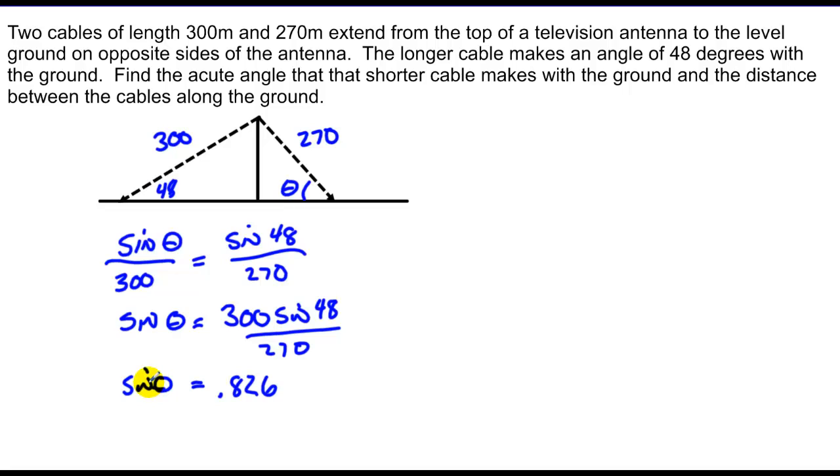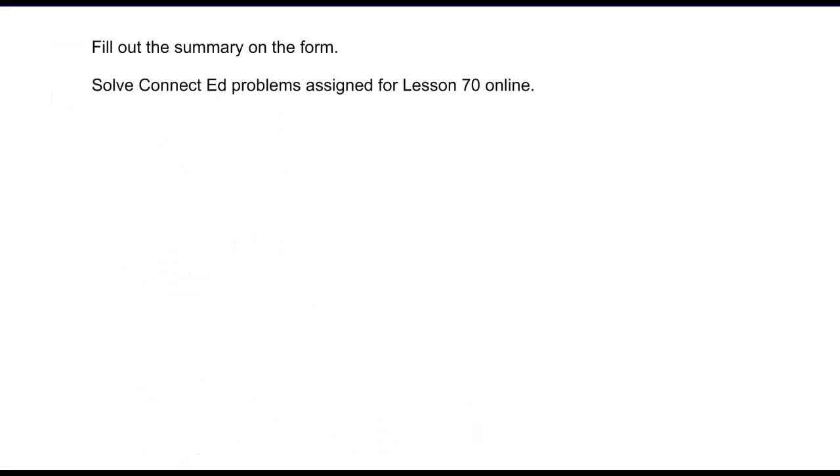So as we did in our right triangle problems, we have to find theta by taking the inverse sine of both sides of the equation. So when I do that, I pop that into my calculator and get about 55.66 degrees.